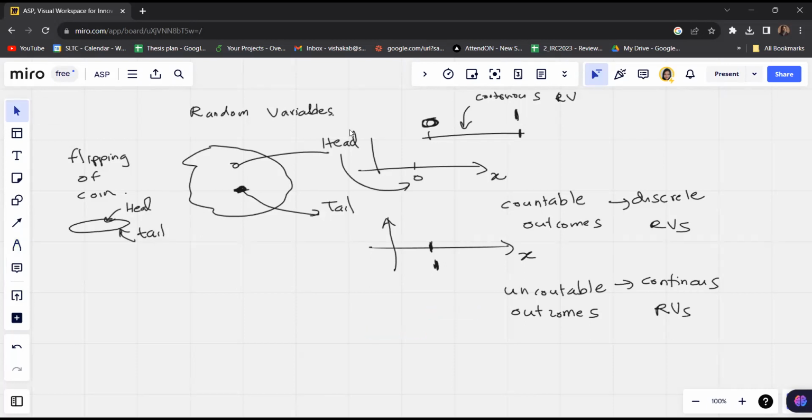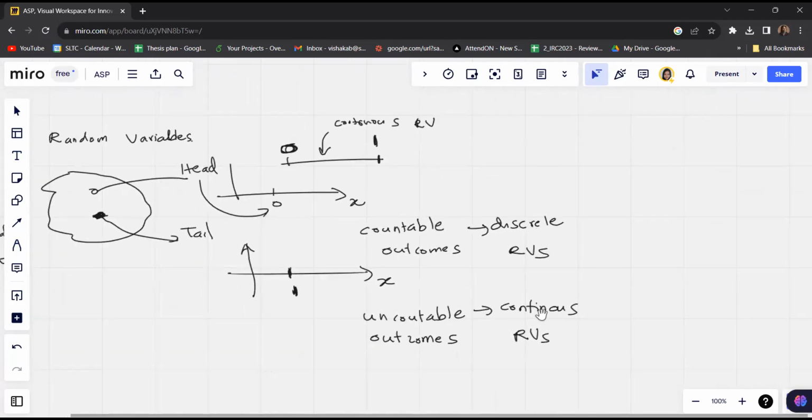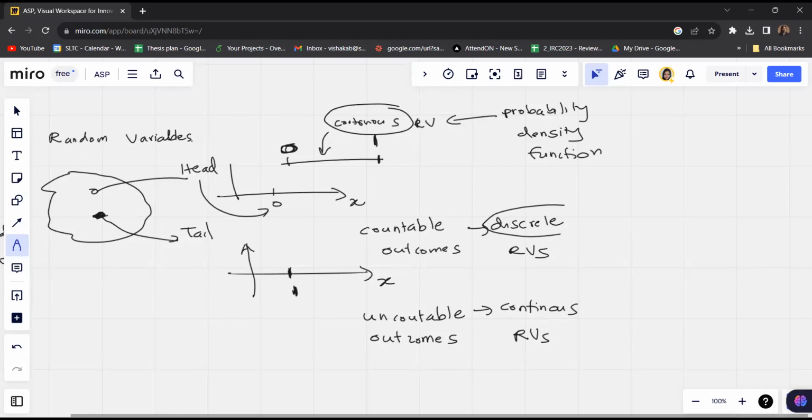We discussed how we can represent random variables and their behavior. Probability density functions are used to denote the behavior of a continuous random variable, and if it is a discrete random variable, we use a probability mass function.